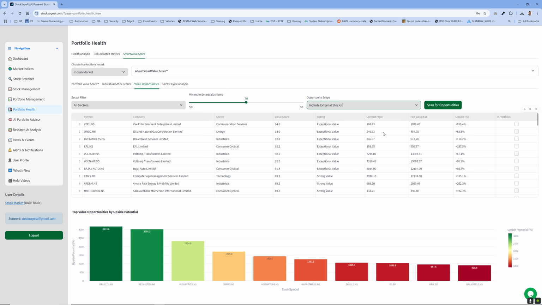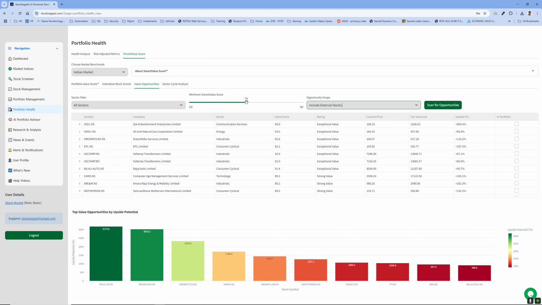So if I see over here, you can look at a stock, Whipple Limited, which has an upside potential of 3174%. Then we have Reddington, Indus, Wipro, and a couple of other stocks. So we can choose those stocks and build our portfolio.